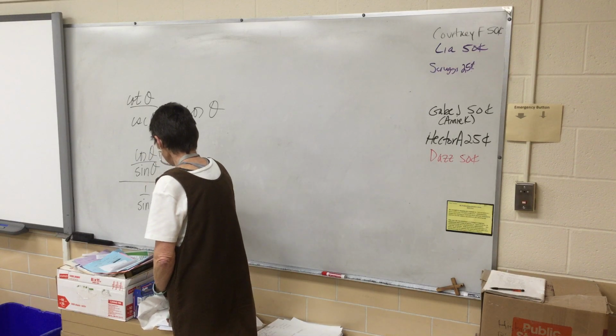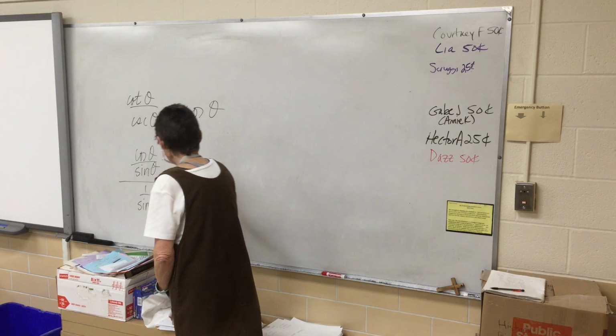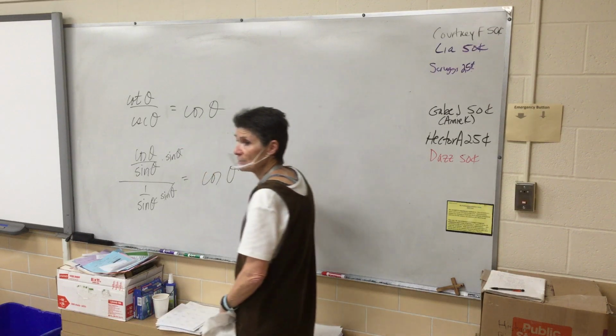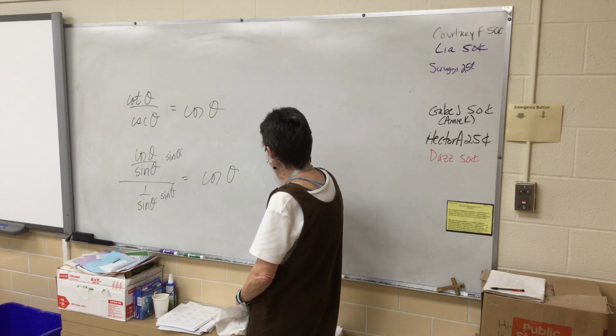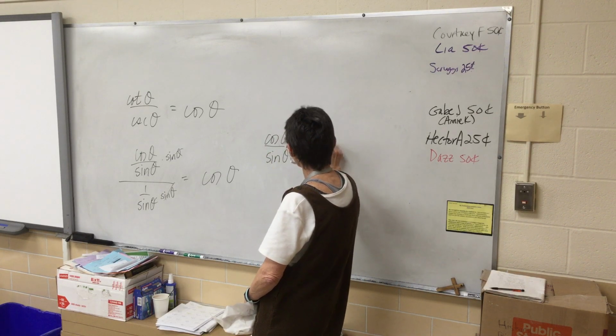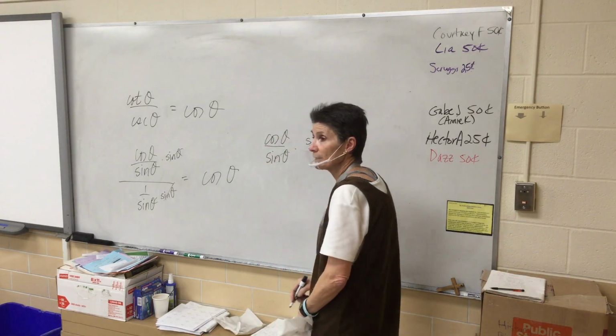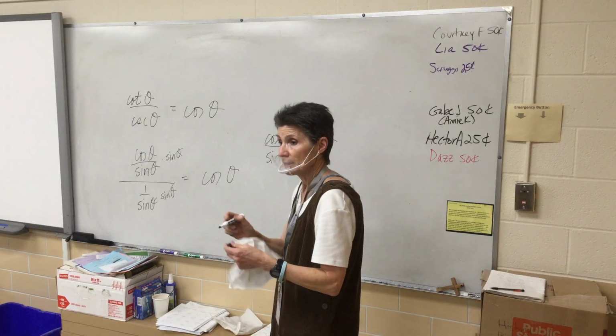It's whichever strategy you want, but aren't we going to end up with just cosine when we do that? If you invert and multiply, you're going to have cosine over sine times sine over 1, which leaves you with cosine. Either way you do it.